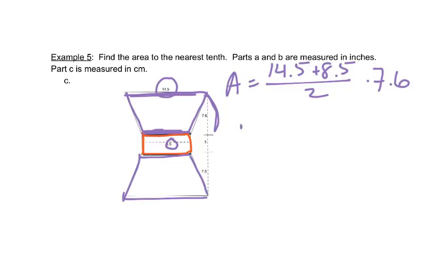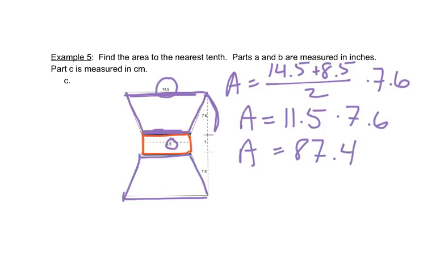And then we'll divide by 2, which is 11.5 times 7.6. And we get 87.4. Now this trapezoid on the top is the same as this trapezoid on the bottom. They have the same height, they have the same bases, so they'll have the same areas.